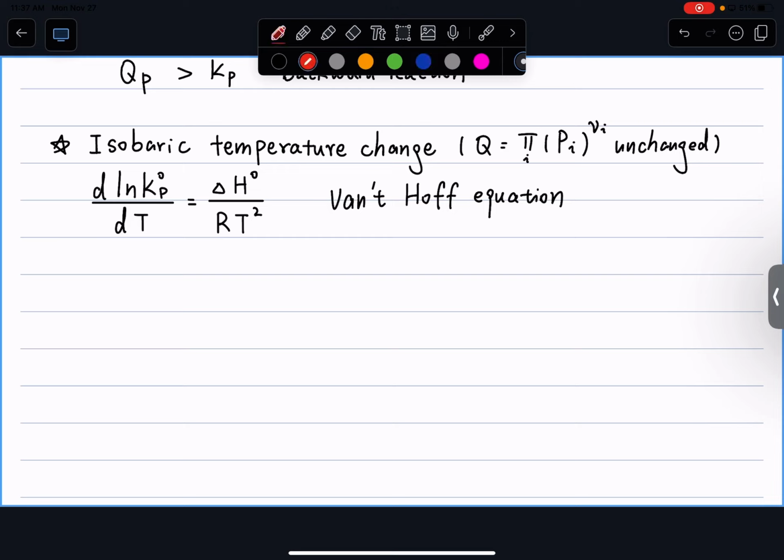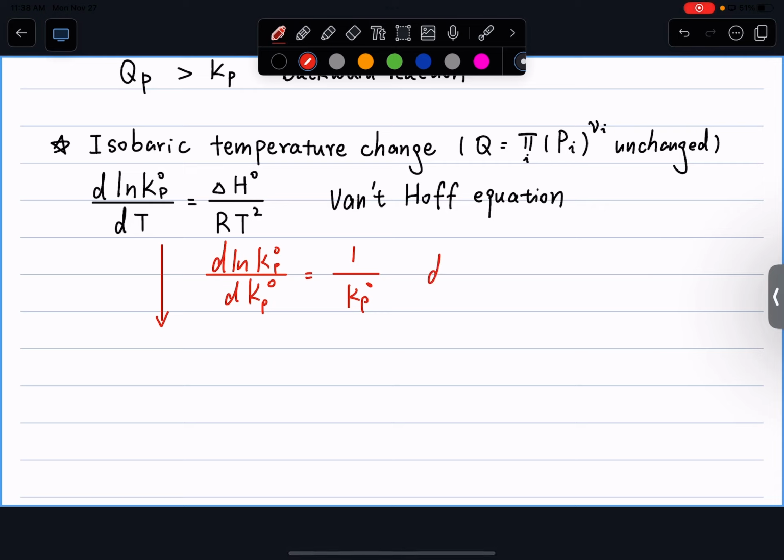In this case, on the left-hand side, we have the ln of Kp over T. So let's think about how your Kp changes over T, because that's what we care about. In the Van 't Hoff equation, we have to do some calculus. For example, d ln Kp naught over dKp naught gives you 1 over Kp naught.